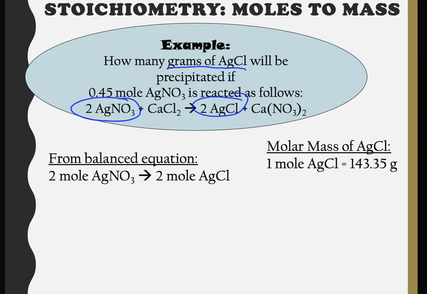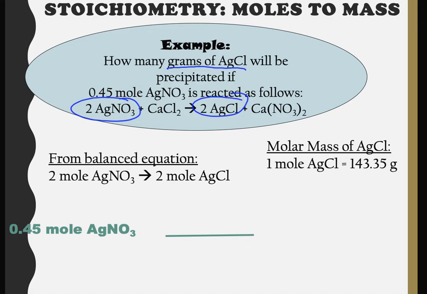So once we have the information, how do we do this? Step number 1, take what you're given in the problem, write it down. So I got my 0.45 moles of silver nitrate, because that's what's given to me in the problem. Draw your X, draw your line, and then look at the unit.